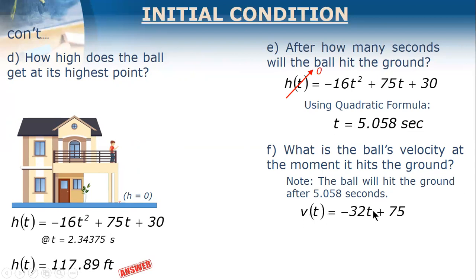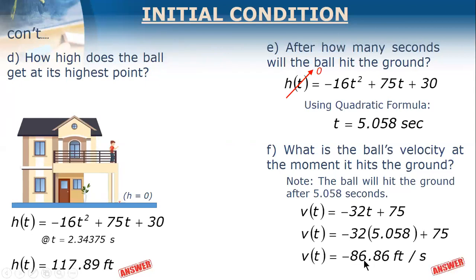And since this is the expression of v, substitute t equal to 5.058 seconds. The answer is negative 86.86 feet per second. The negative sign means downward direction. That's the meaning of this negative sign.